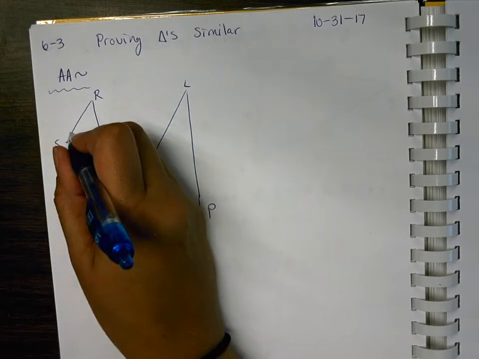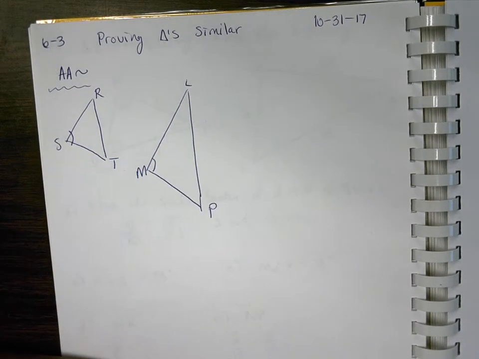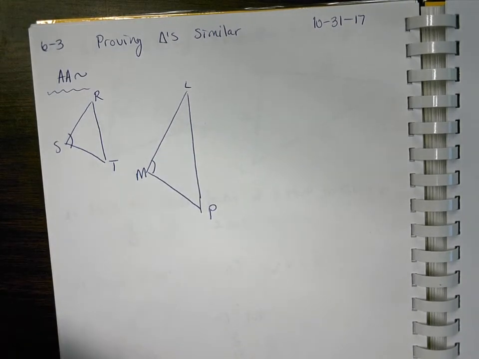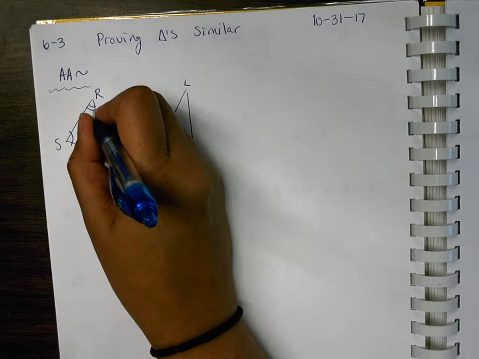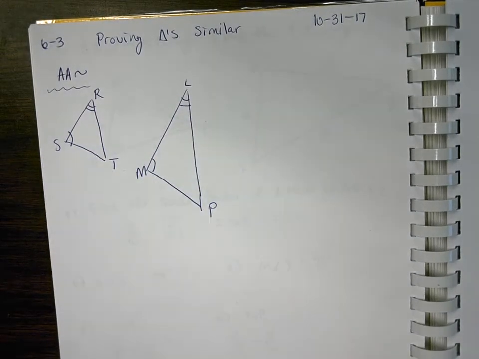All right, we're up here. And I'm going to mark angle S congruent to angle M. And I'm going to mark angle R congruent to angle L. If you guys would make those same markings. Okay, we're ready?